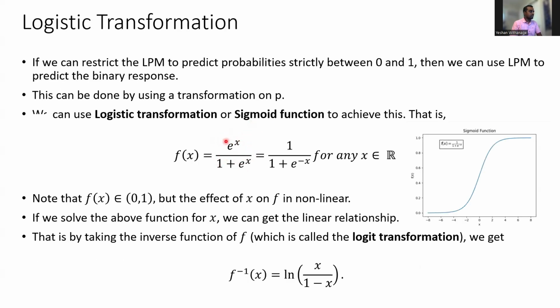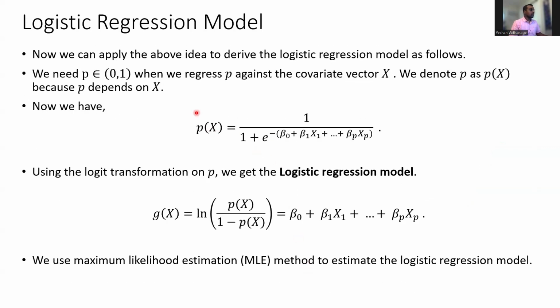Then you have e to the power A divided by 1 plus e to the power A, or you can have 1 divided by 1 plus e to the power minus A. And then when you apply the logit transformation for this function, you get this relationship. You can try this and see if you can get this form by yourself. Just by doing a little algebra, you can get this.